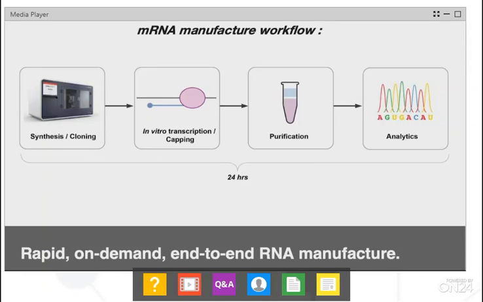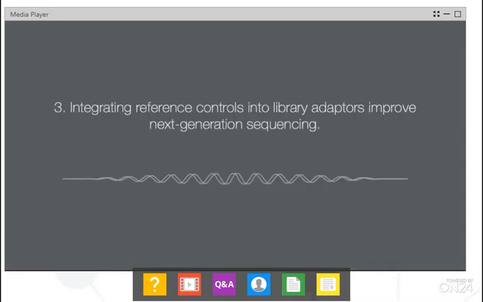And if we can achieve this, this can essentially enable extremely rapid and personalized manufacture of RNA therapies on demand. So that provides a quick introduction into the enzymatic DNA synthesis technology and how we plan to use it to develop new and innovative RNA therapies and technologies.